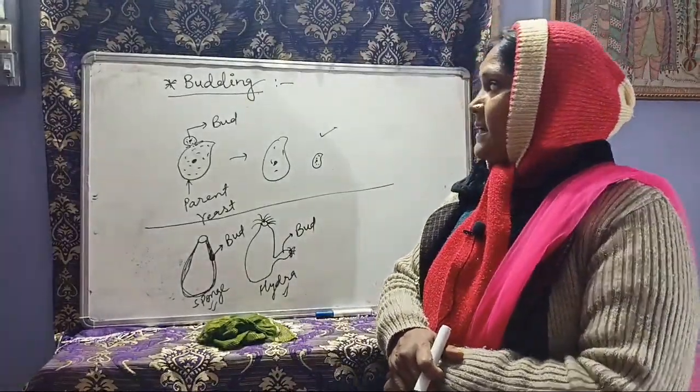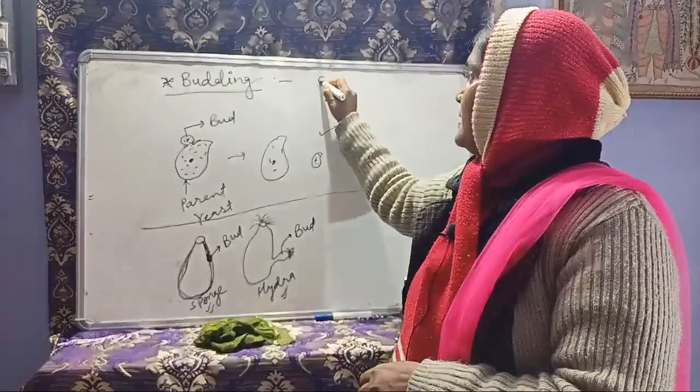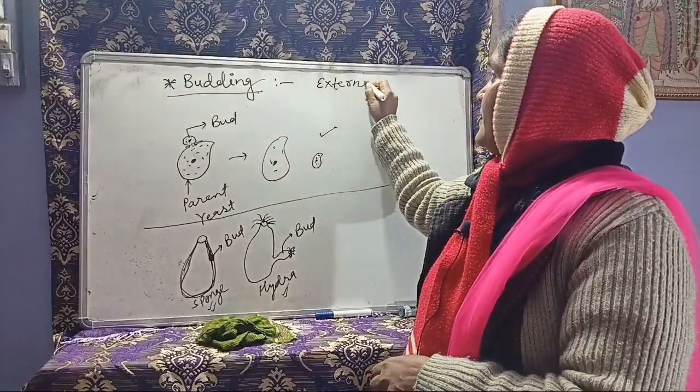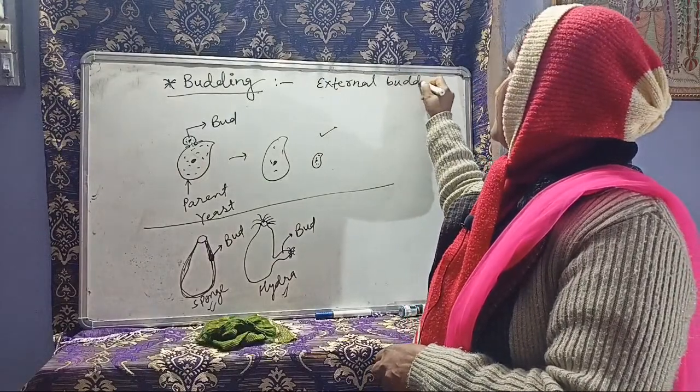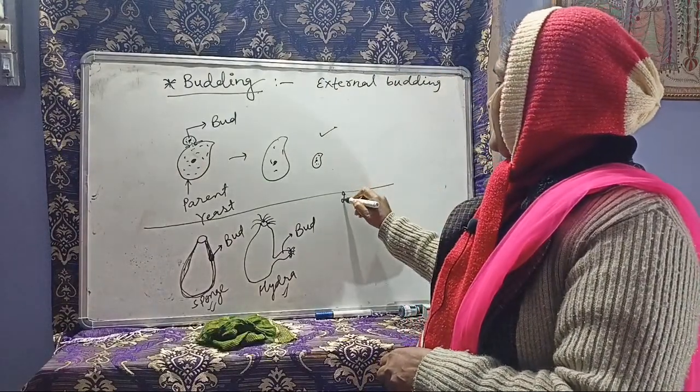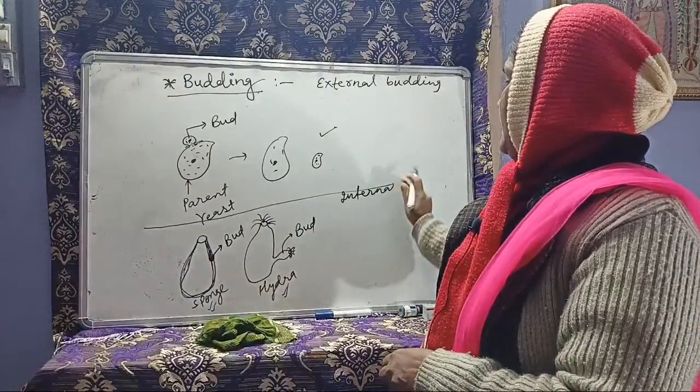Budding is of two types: external budding and internal budding.